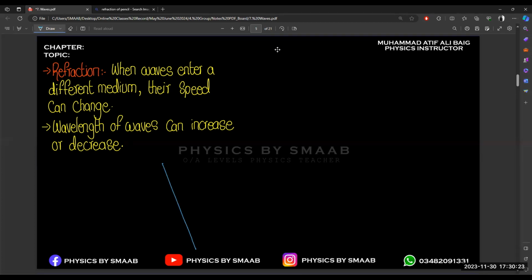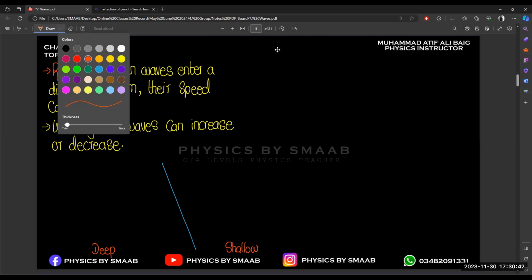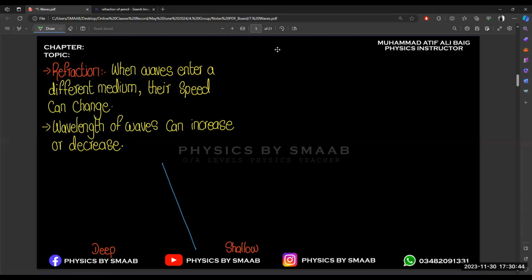So let's suppose we compare, on the left hand side we have deep water, and on the right hand side we have shallow water. Again we consider water waves as a wavefront, so we mark straight lines for the water waves.